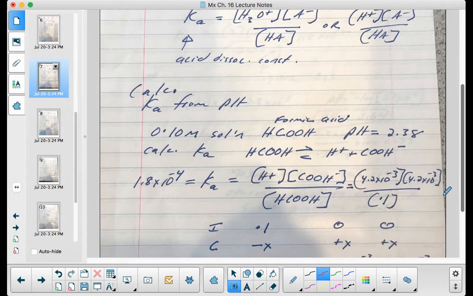So let's say we want to calculate the Ka given pH. If I have a 0.1 molar solution of an acid, formic acid, again, an organic weak acid, that has a pH of 2.38, and I'm asking you to calculate the Ka.